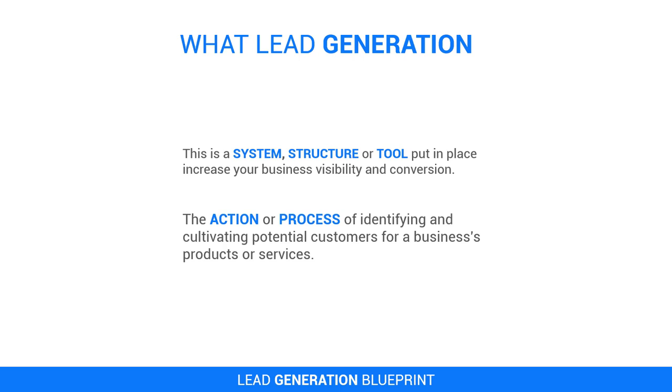So it's a system, it's a structure, it's a tool, it's an action plan, and then it's a process. Take note of these 5 things. Once your lead generation system doesn't sort out these things, it's not a lead generation system. If it's not doing these things for your customers, it's not a lead generation system.